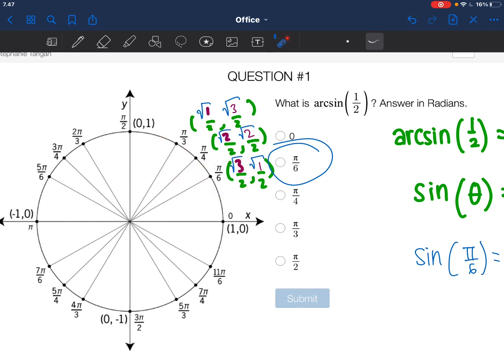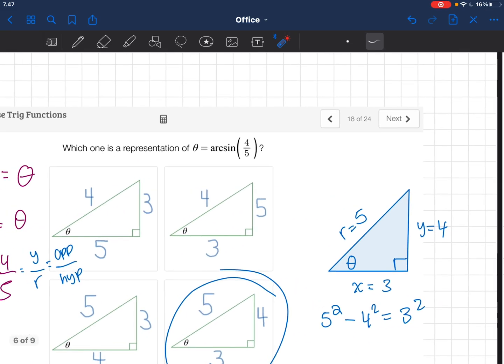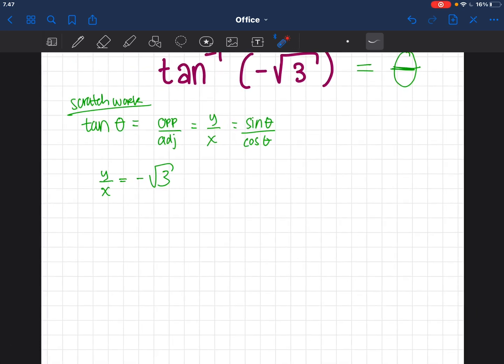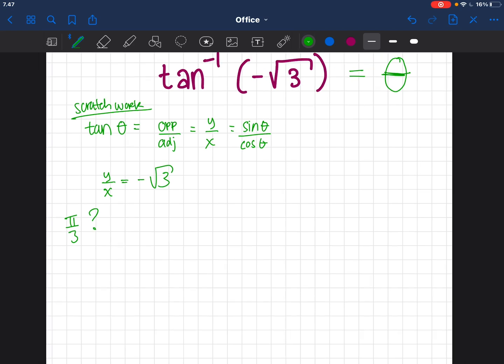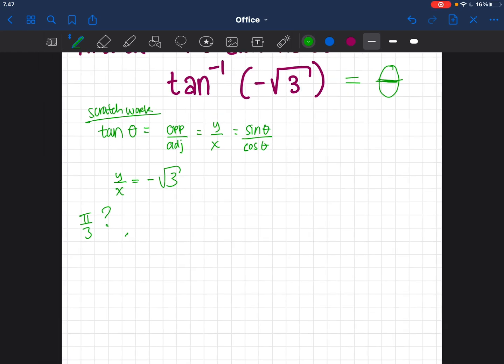Okay, so we're just going to test it out. Let's say pi over 3. So let's try. Pi over 3 is 1/2 and square root of 3 over 2, right?